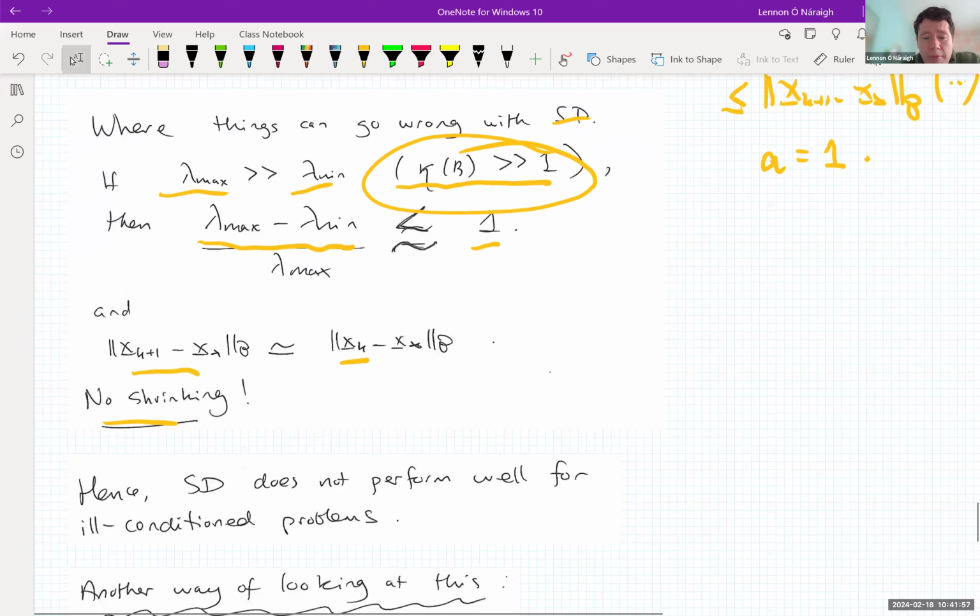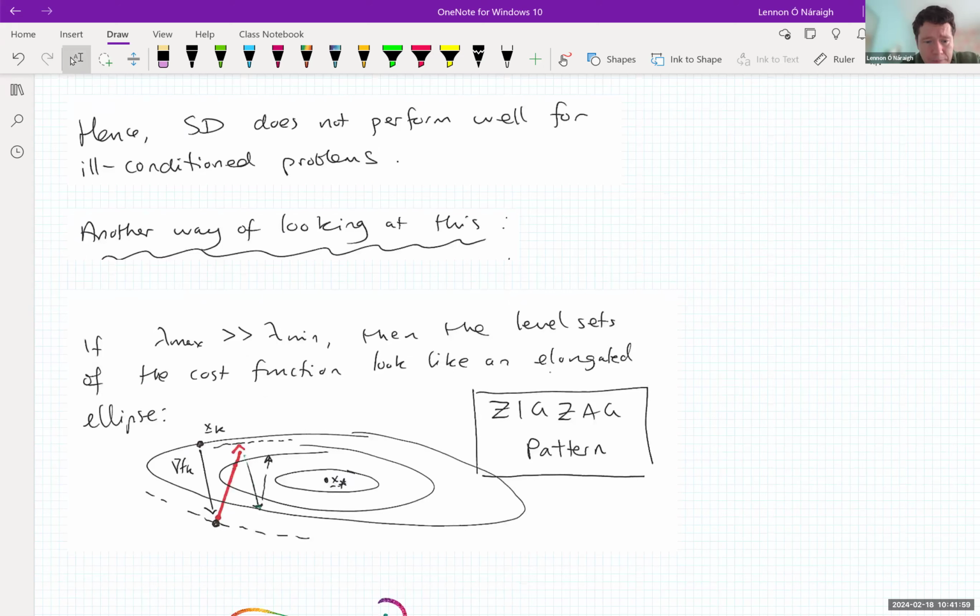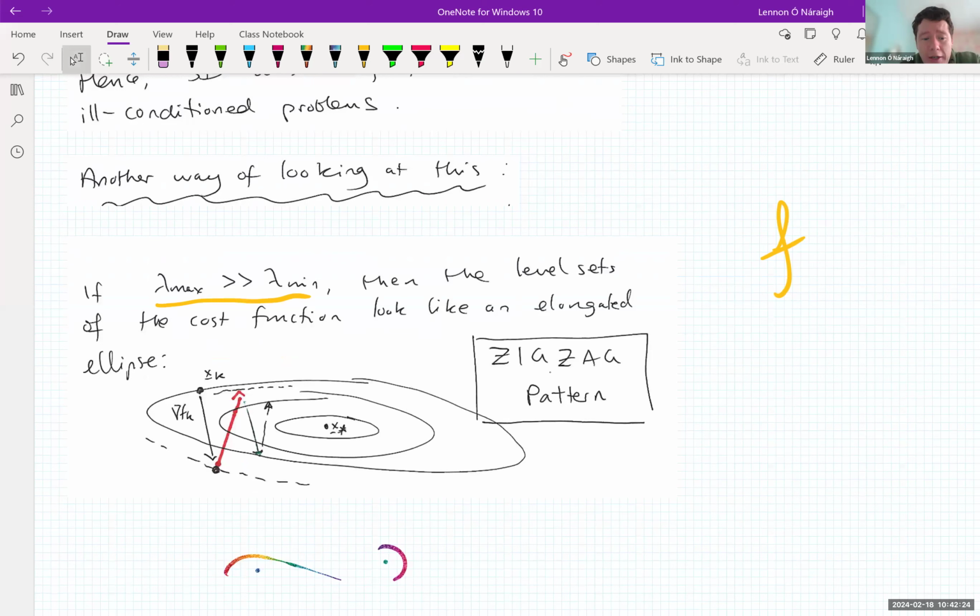And a geometric way of looking at this is that when the condition number is large, the maximum eigenvalue is much greater than the minimum eigenvalue. And in some hyperspace, the level sets, so the surfaces of constant f, are ellipsoids. And in fact, the ellipsoids are very elongated.